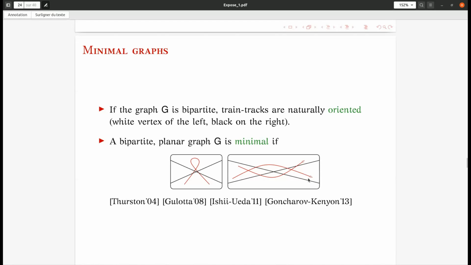They are allowed to cross more than once, but then they have to be in opposite directions. So it's restricted to bipartite graphs, but it's slightly more general than isoradial graphs. I guess the term minimal comes from Thurston in a paper of 2004, and then they've been studied in a different community by Gulotta, Ishii, and Ueda, and also by Goncharov and Kenyon in a paper of 2013.